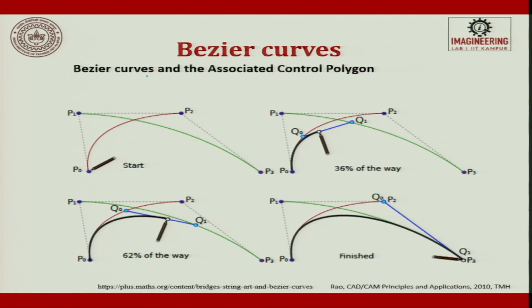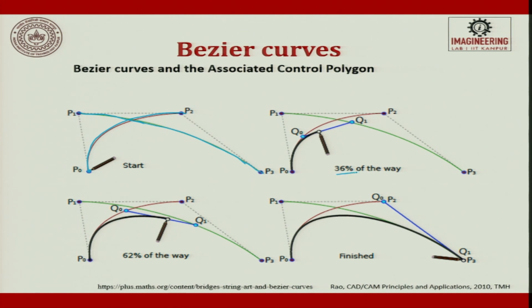So, the Bezier curve and the associated control polygons, you look at it, start point, and then I tried to join start point P0 and P2, then P1 and P3.